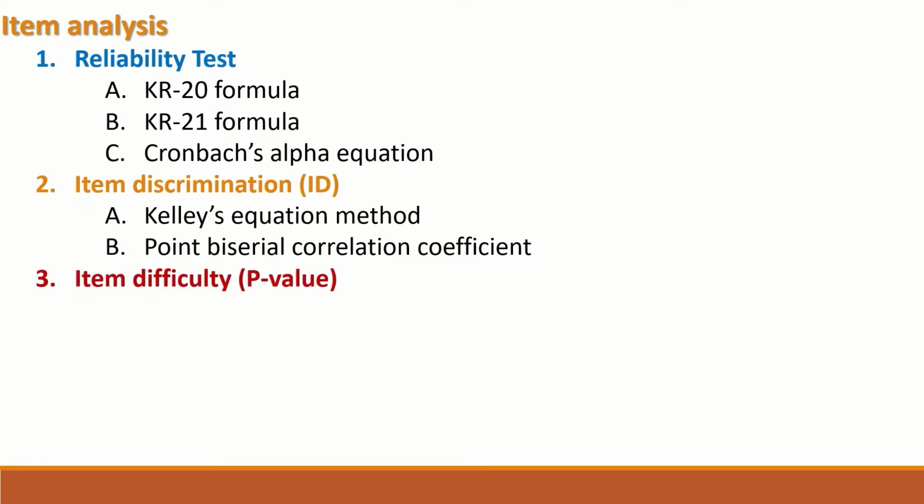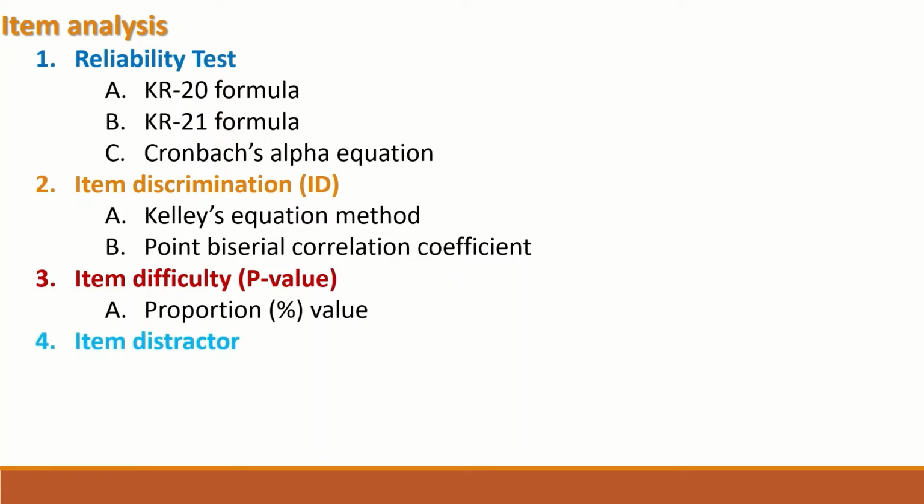The third component of the item analysis is item difficulty, abbreviated as p-value, for determining how easy or how difficult the question is. The way to determine the value for the item difficulty is to use the proportion calculation. And an example will be given and a value will be generated.